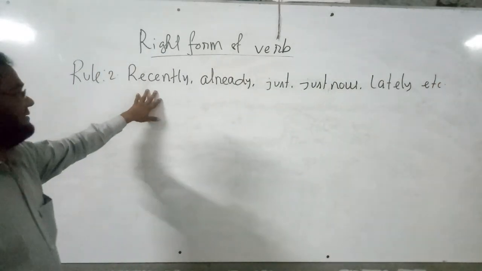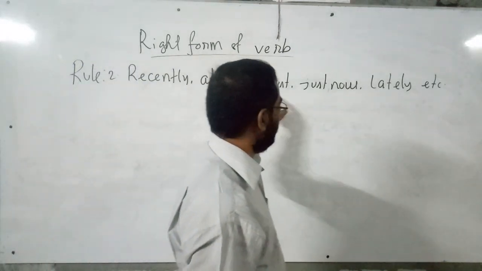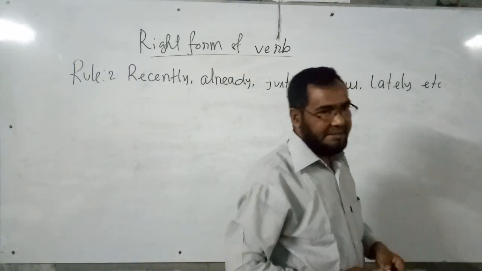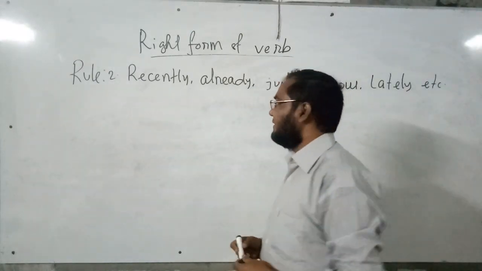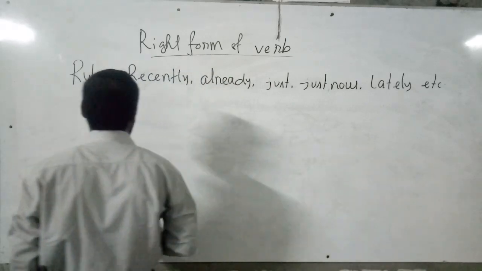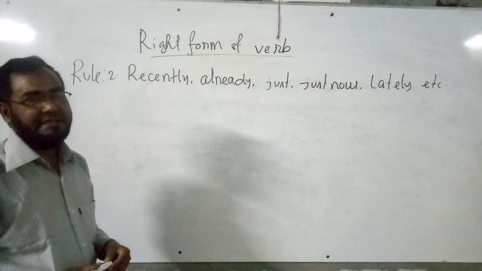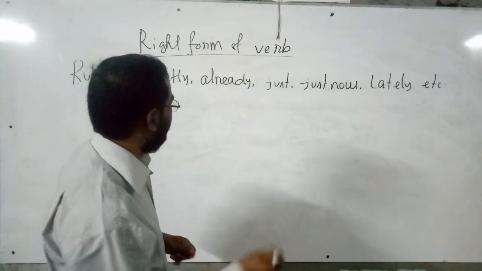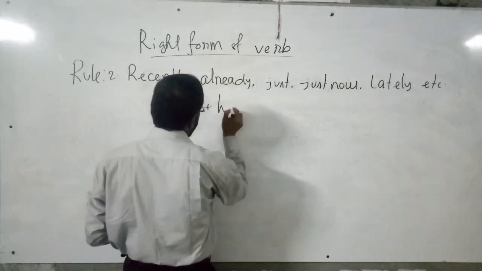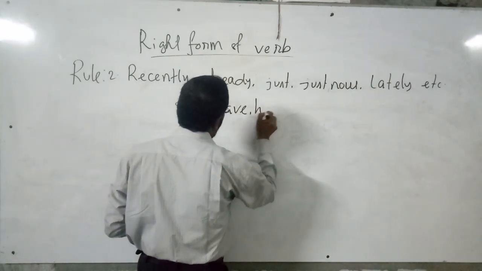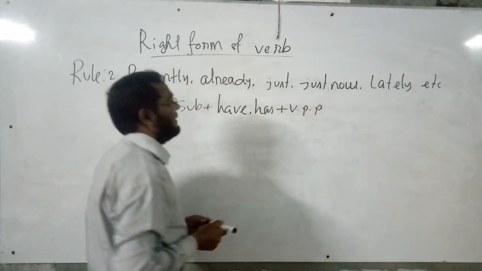If you find such words, that means recently, already, just now, lately, in a sentence, the sentence will be present perfect tense. You will use the correct form of verb as present perfect tense. Present perfect tense means subject plus have or has plus verb past participle form.